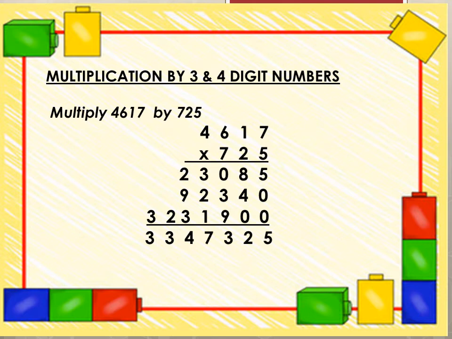Now 7 sevens are 49, 4 is carried, 7 ones are 7 plus 4, 11, 1 will be carried, 7 sixes are 42 and 1, 43, 4 will be carried, 7 fours are 28 plus 4, 32. Now the products of all these 3 steps will be added and then we will get the final product of the multiplicand 4617 and 725. I hope all of you have understood it.